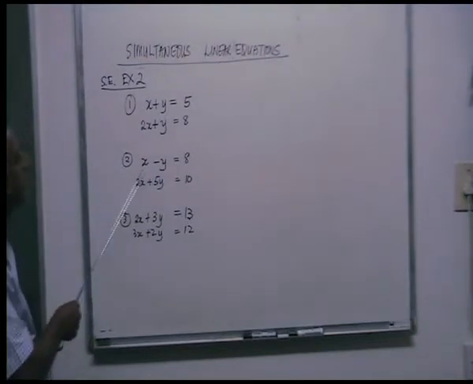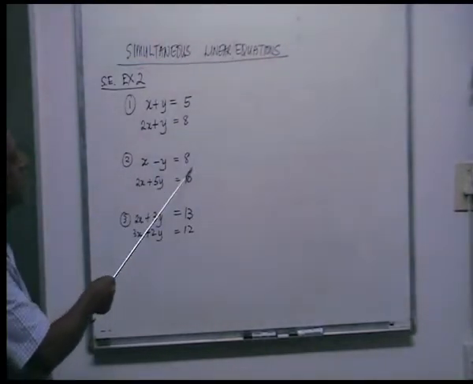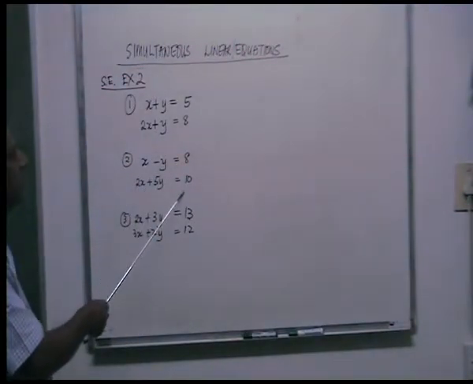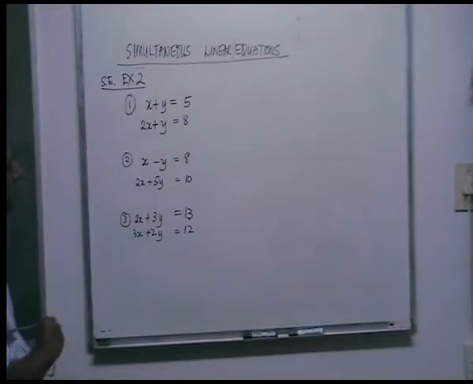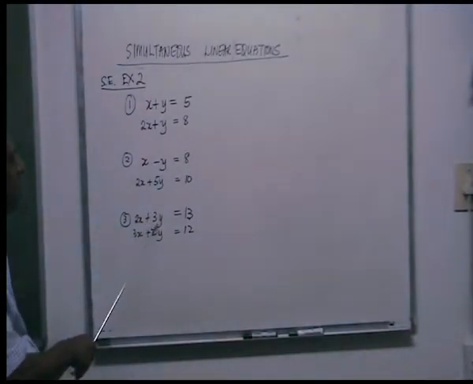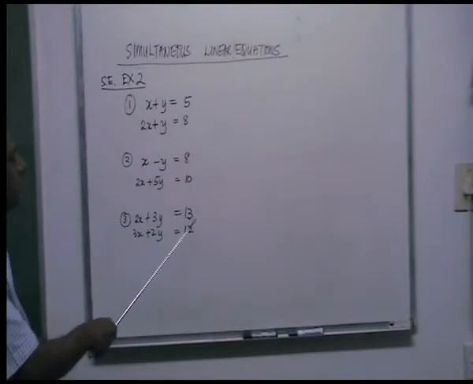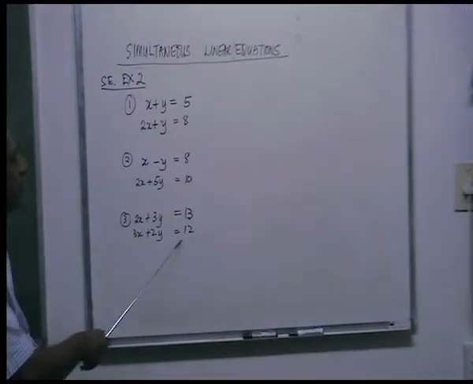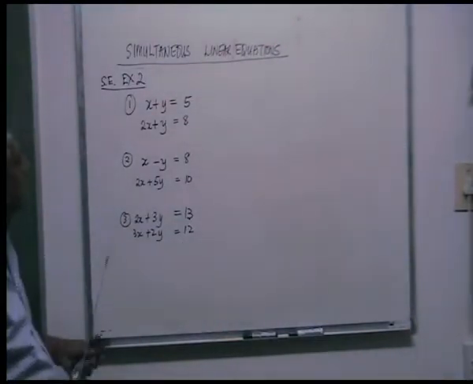Number 2, x minus y is equal to 8, 2x plus 5y is equal to 10. And number 3, 2x plus 3y is equal to 13, 3x plus 2y is equal to 12.